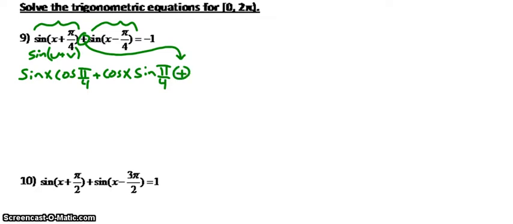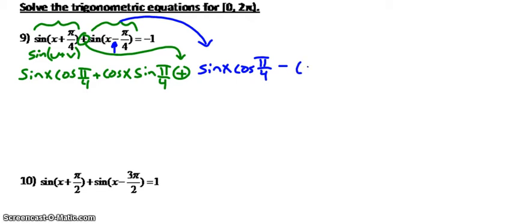So there's my plus, and I'm going to take the second function and expand it using the sum and difference formula. This time I get sine x cosine pi over 4, subtract, because notice we have a subtraction right here, cosine x and sine pi over 4.